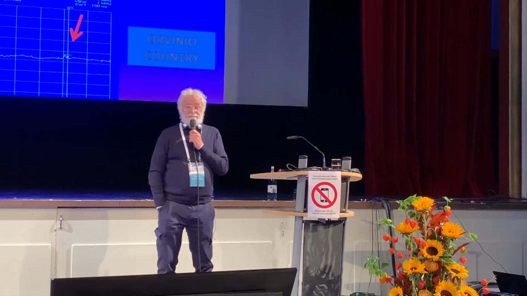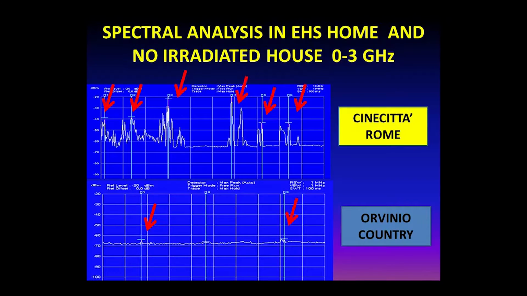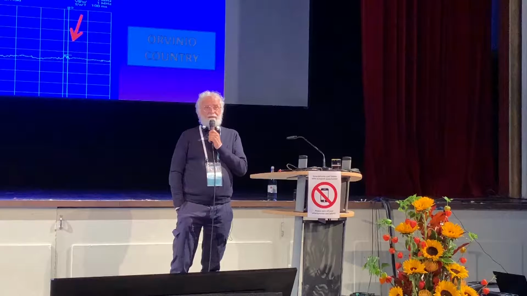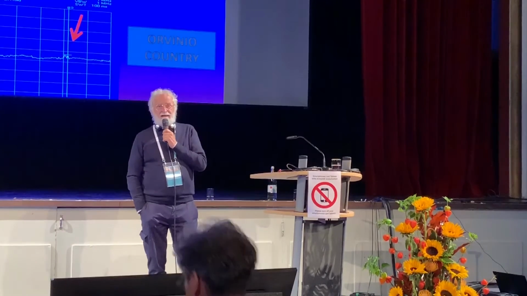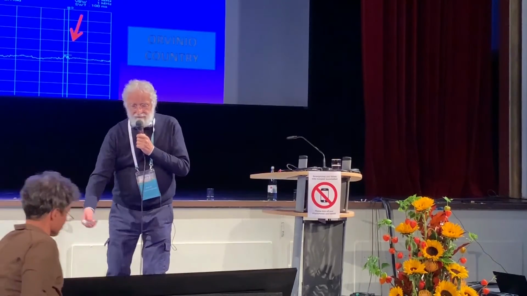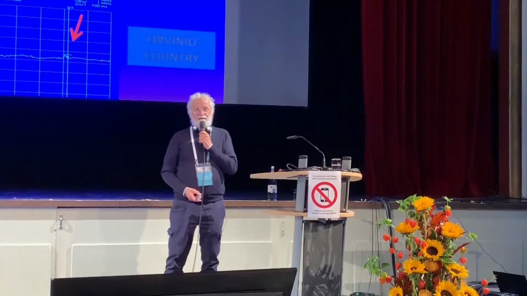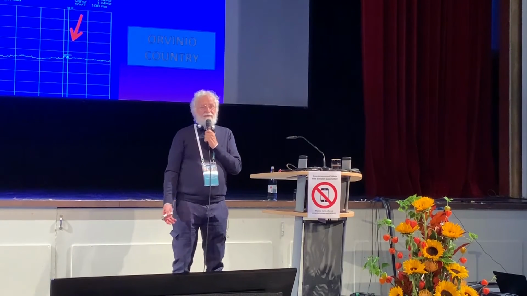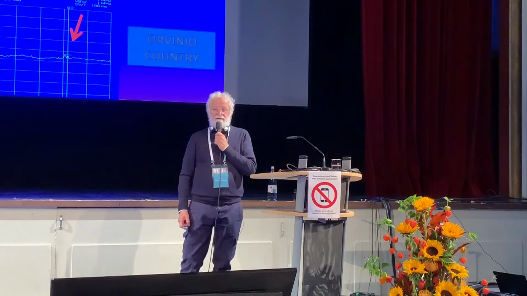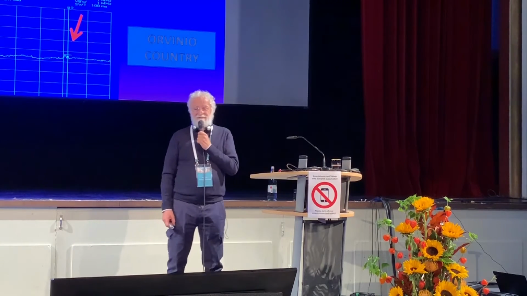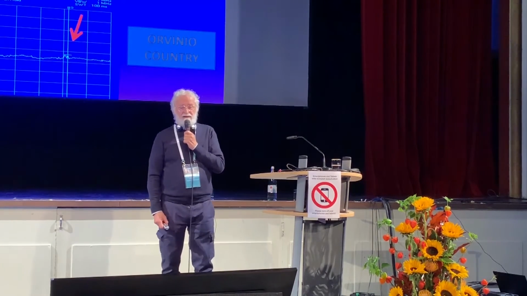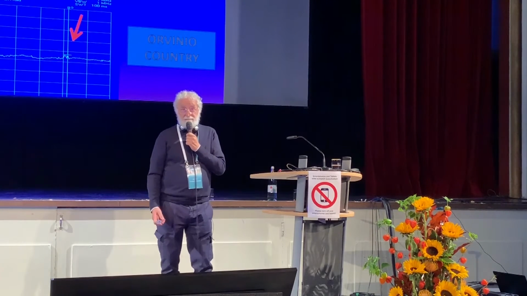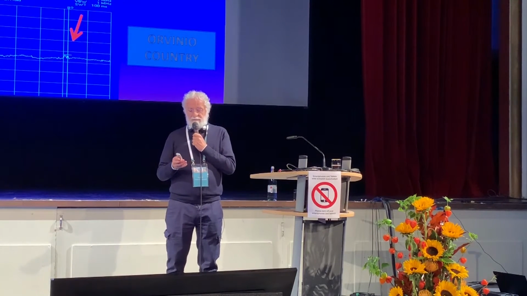And in the low spectrum, you can see a house which is not irradiated. So it's simple to understand that there is a very big difference in irradiation between these two houses, and this is why the person who lives in Cinecittà, which is the first spectrum, is ill from different symptoms.